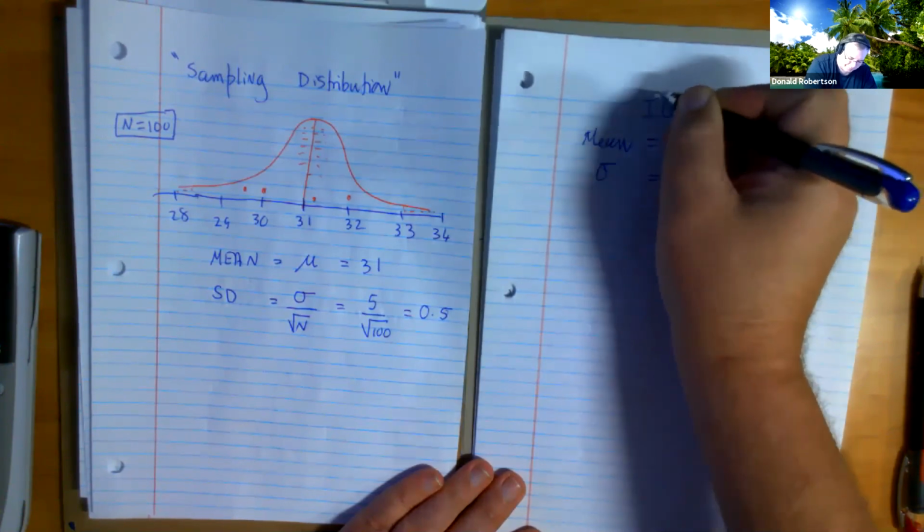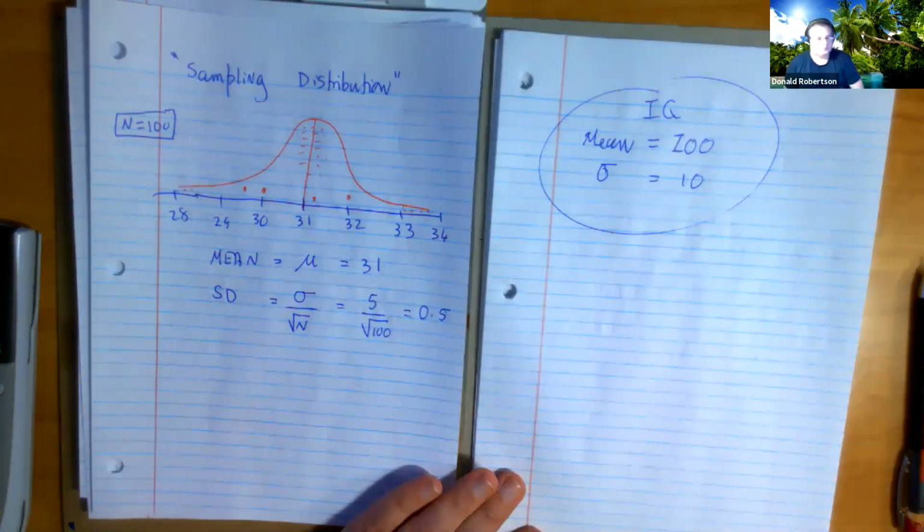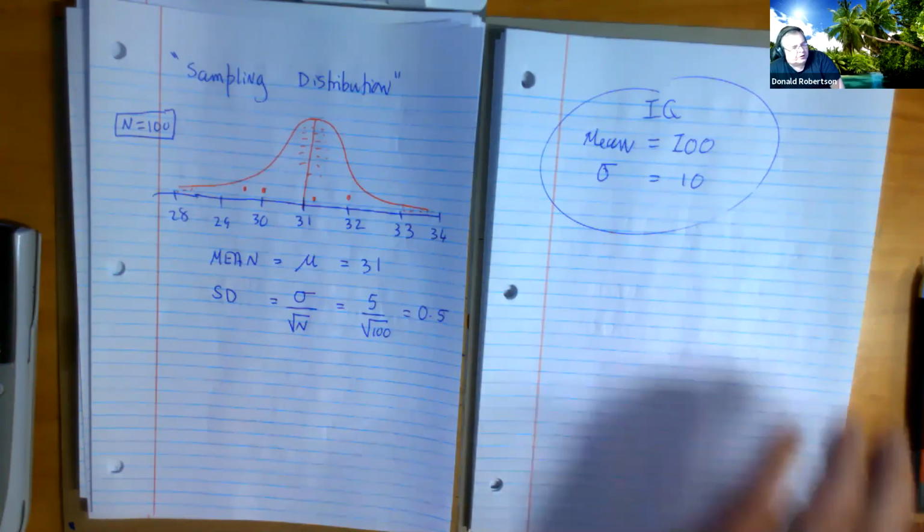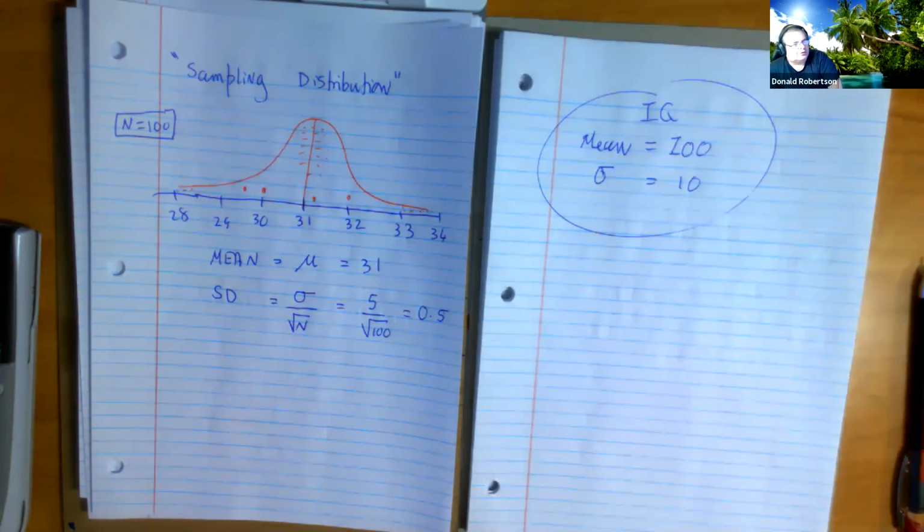That's IQs. I'm picking IQs. And we are going to use a little test. So we went to Scotland, and we think Scottish people are cleverer than the typical IQ person.